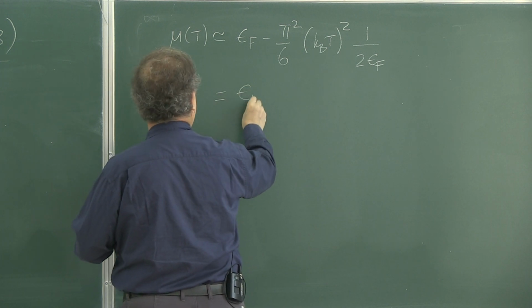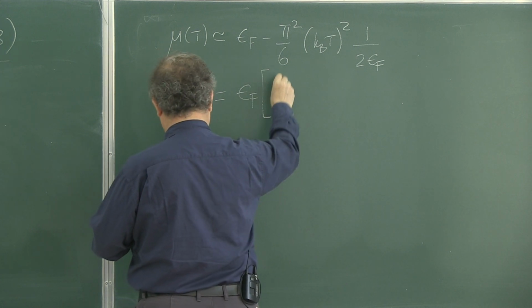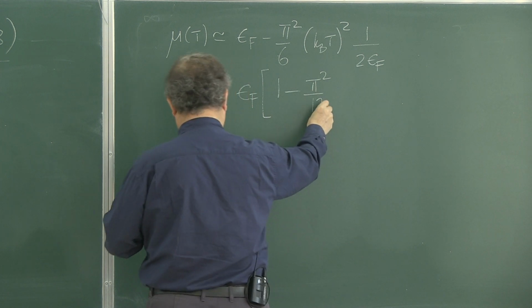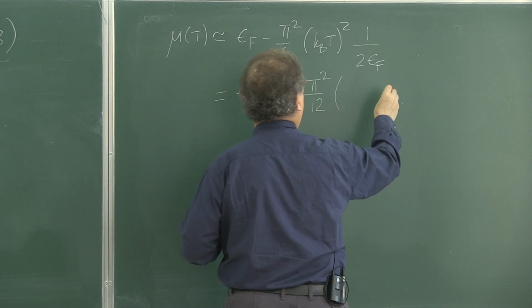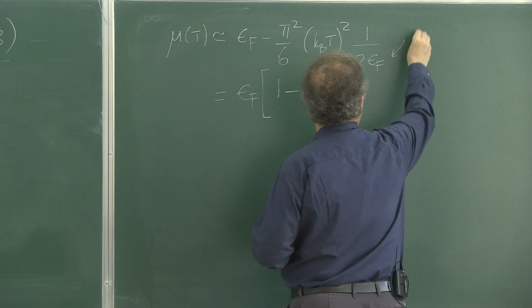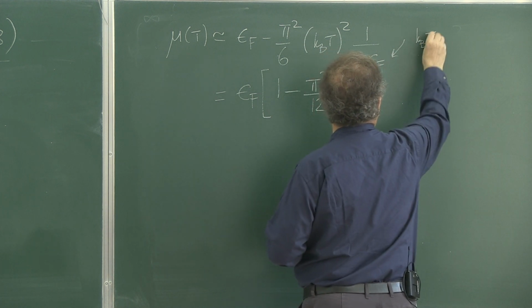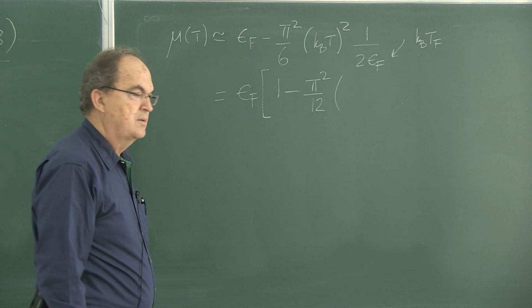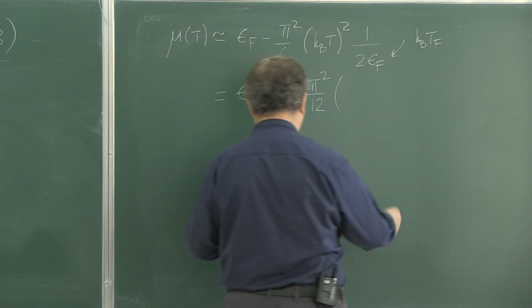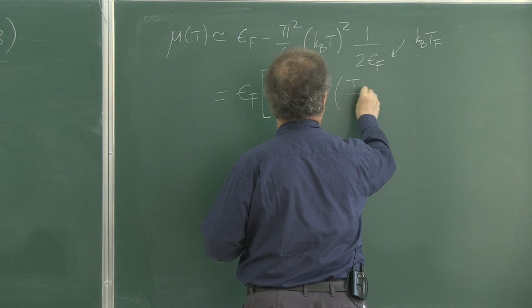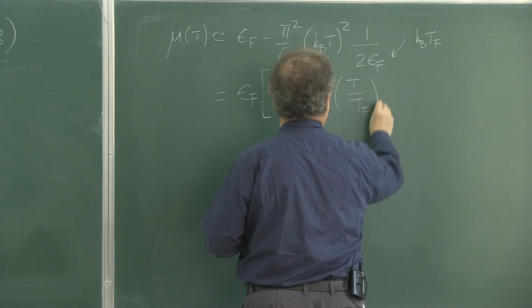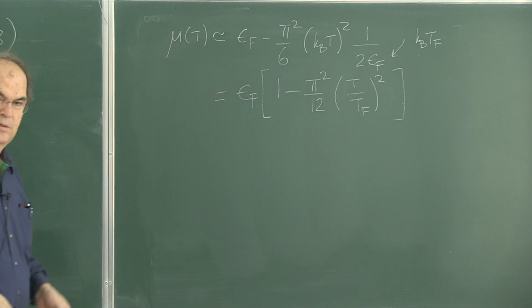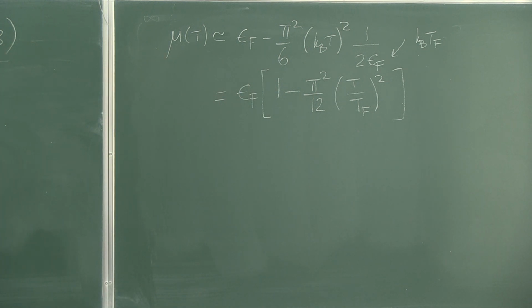If you take out EF, parentheses, 1 minus pi squared over 12. Well, I told you, you can write that as kBTF, in terms of temperature, T over TF squared. That's the first correction. Do you remember this result?